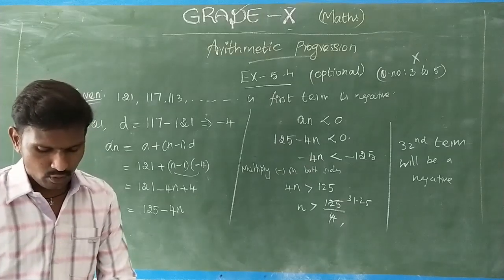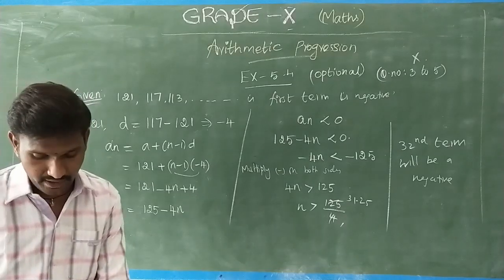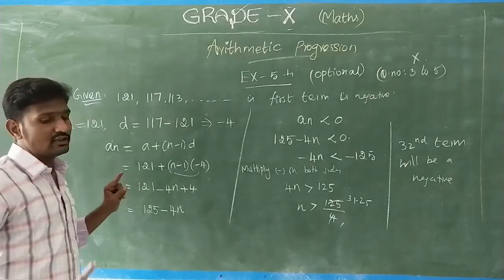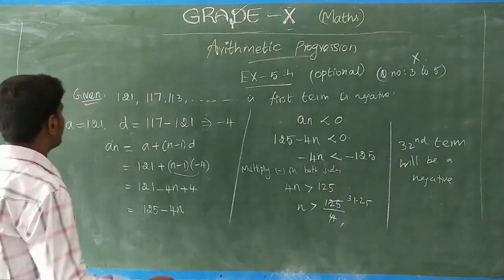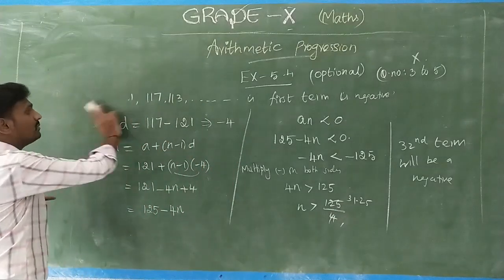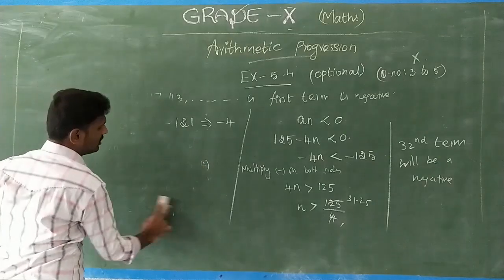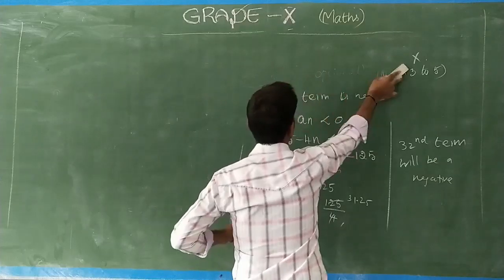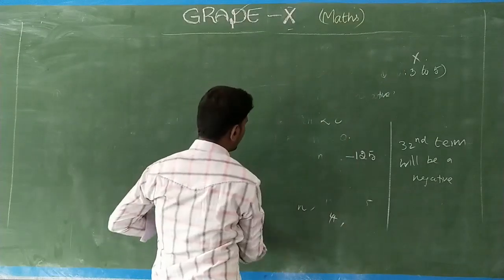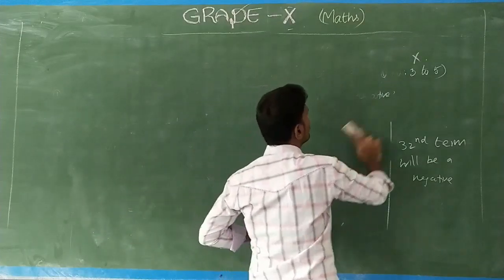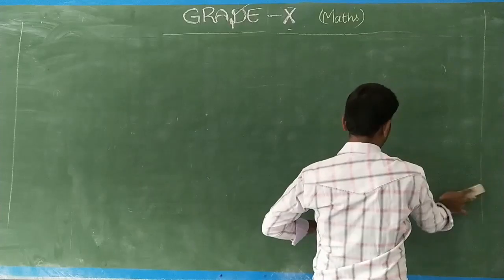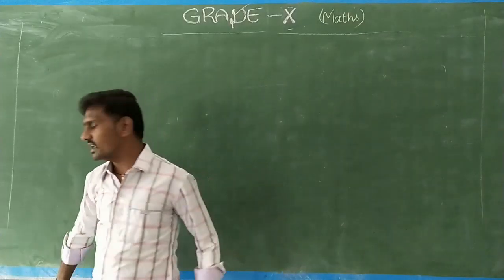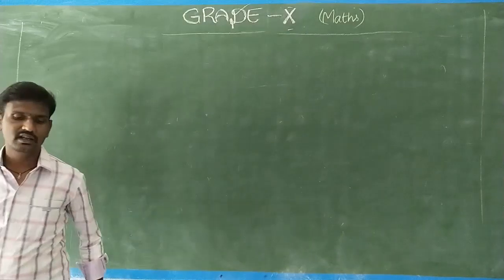The next question is a very important question. We can expect it for 3 marks or 4 marks, so it is a big question. We need to recall our formulas. The nth term is An equals a plus n minus 1 into d.